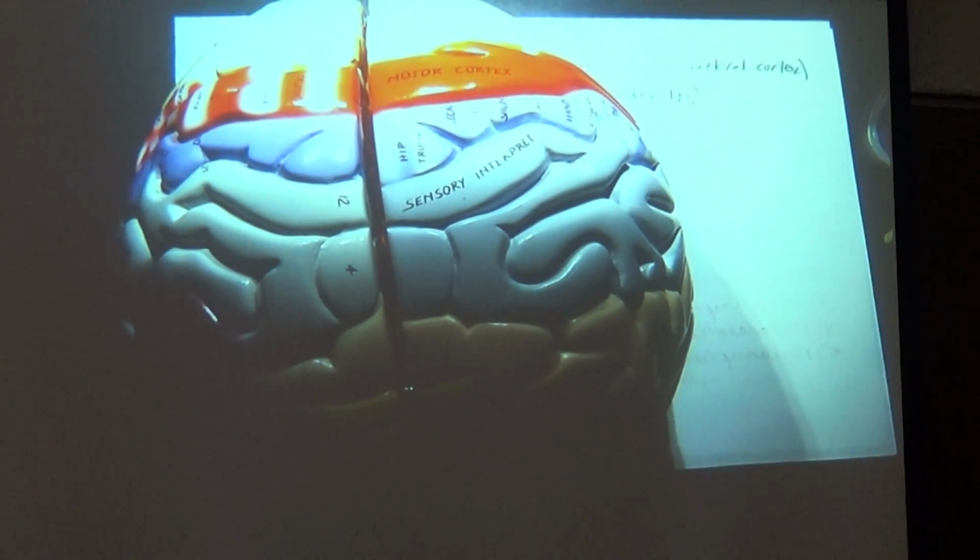The parieto-occipital, none of the models have a nice groove for this. This would be more asked as a question. It separates the parietal lobes from the occipital lobe. So I'll write that down.